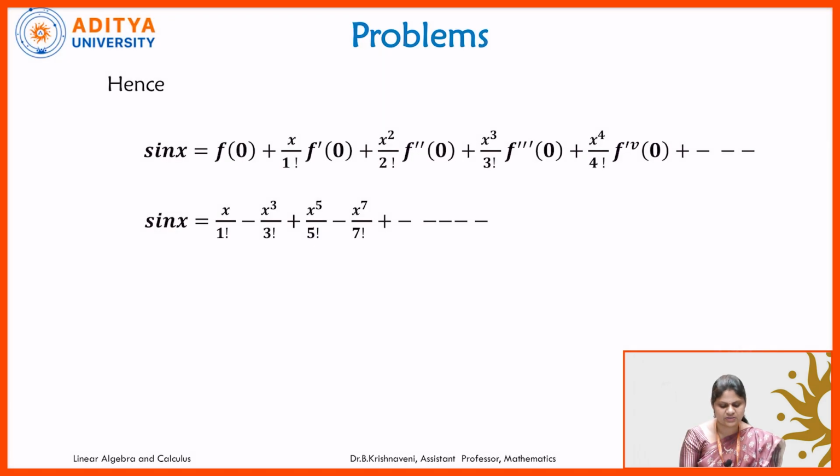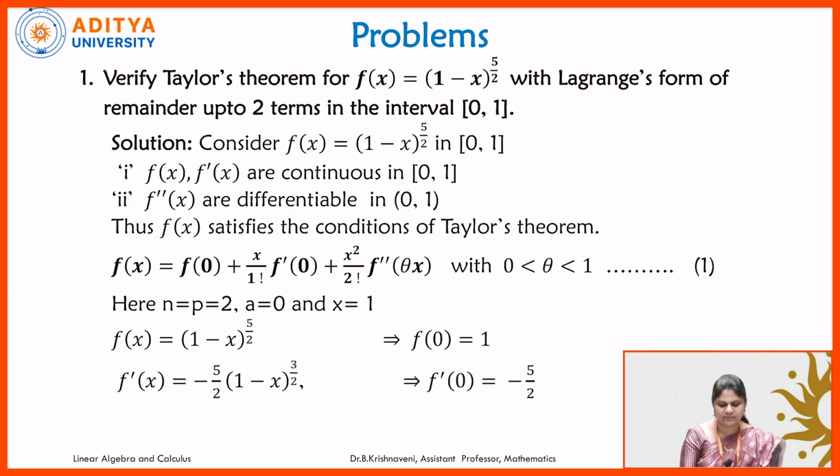You get sin x is equal to x/1 factorial minus x cube/3 factorial plus x power 5/5 factorial minus x power 7/7 factorial plus so on, which is the sin x expansion given by means of the Maclaurin series.